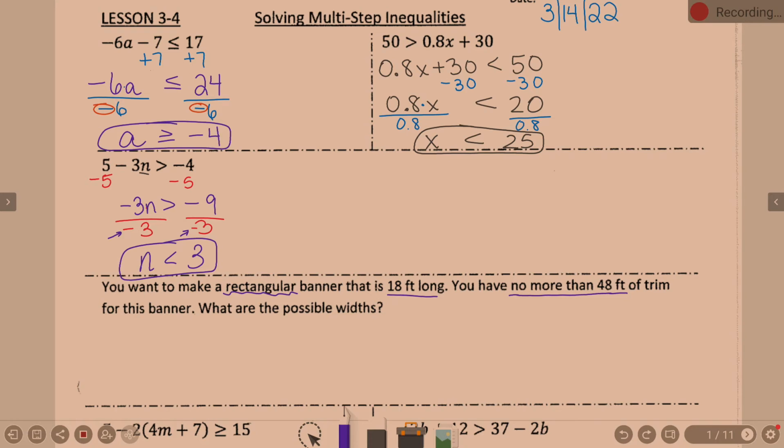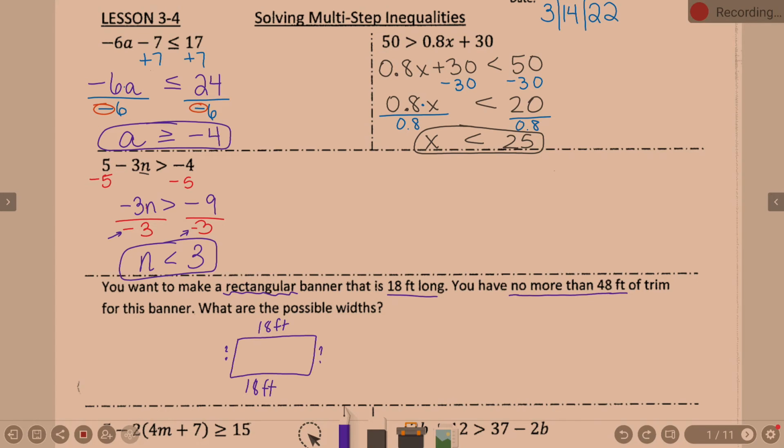What is the shape of the banner? The shape is a rectangle. What do we know about this rectangle? It's 18 feet long. And what is it asking us to find? The possible width.